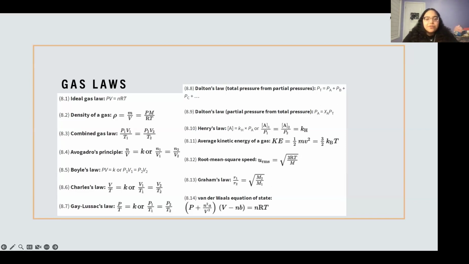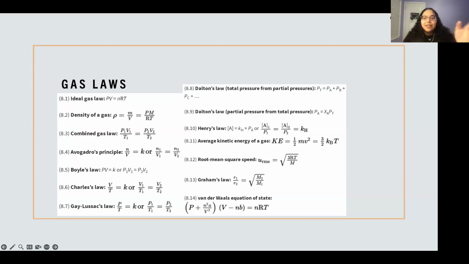So then there's a bunch of different gas laws that are combined into P1V1 over T1 equals P2V2 over T2. So if you have pressure, volume, and temperature of a gas at one point and another, that quotient will be equal. But if you break that down into the two-variable pairs, you have P1V1 equals P2V2, that's Boyle's law.